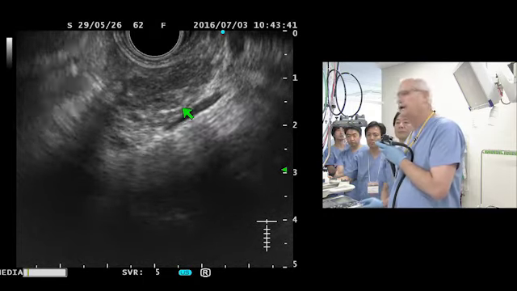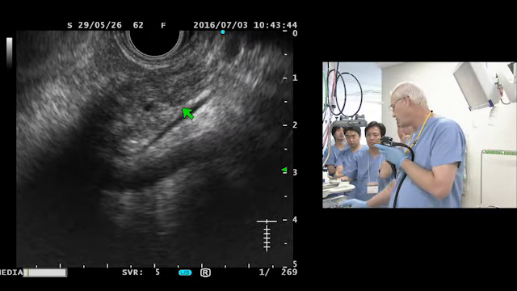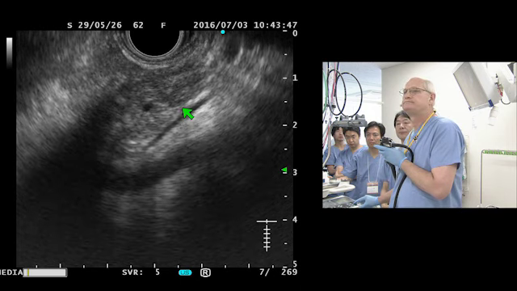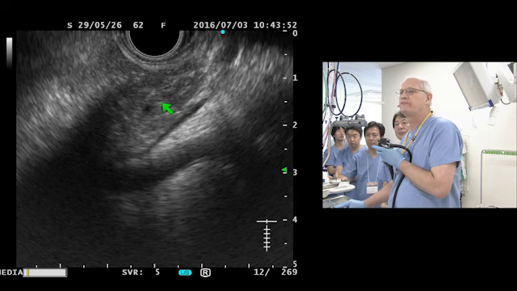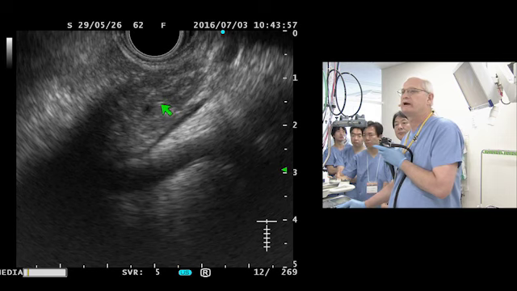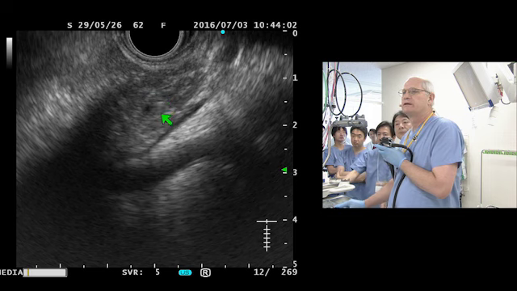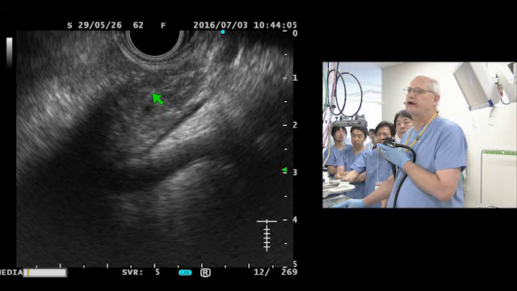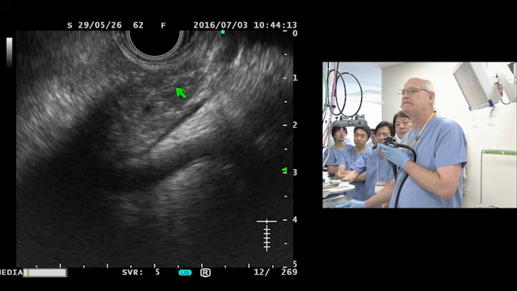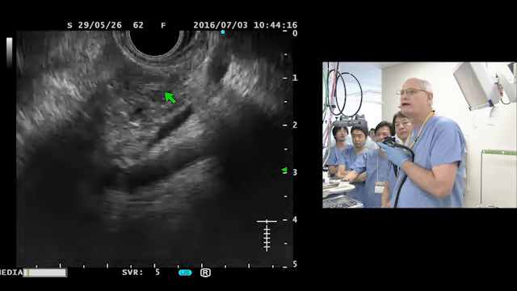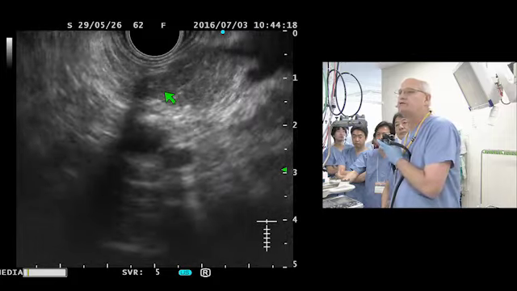I also see what I call railroad tracks. So here is a railroad track. So very echogenic structures running in parallel. These represent visible side branches. So I have echogenic strands, echogenic foci, visible side branches so far, and I'm beginning to believe that the main pancreatic duct will be irregular in its contour.